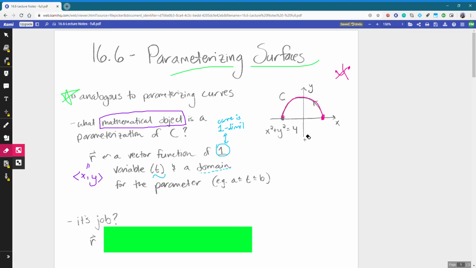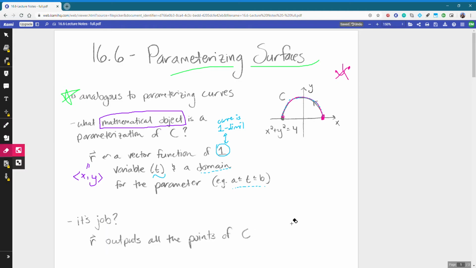Well, our parameterization's job is, through the different values of our parameter that we plug in, to go through and output each and every point along our curve. We want each and every point on our curve so that, thinking about line integrals, we can then add up our function information along those points.